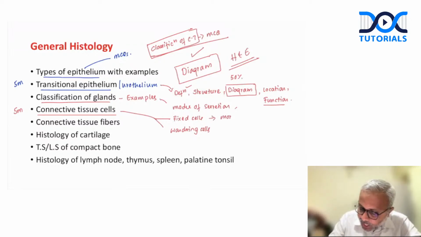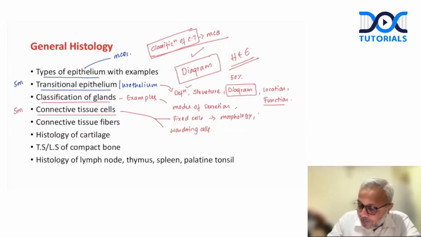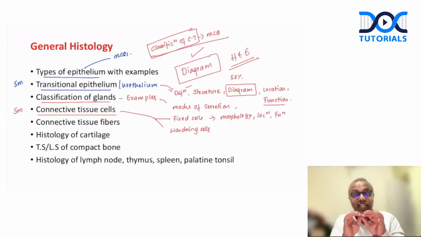You need to write morphology. How does it look? What is the shape? What is the cell organelle? What is the nucleus? All of this. Apart from this, where exactly it is found, and then function. If you know each of these connective tissue cells under these headings, nothing like it.